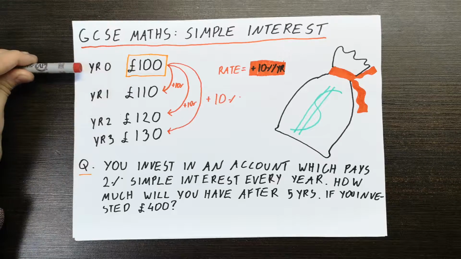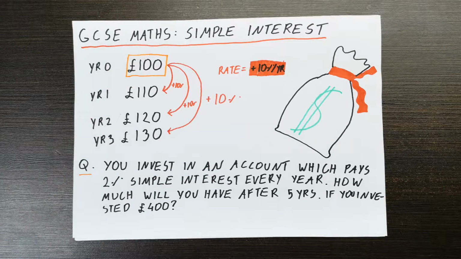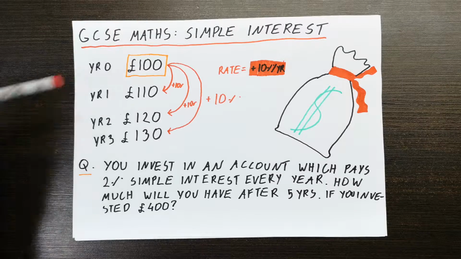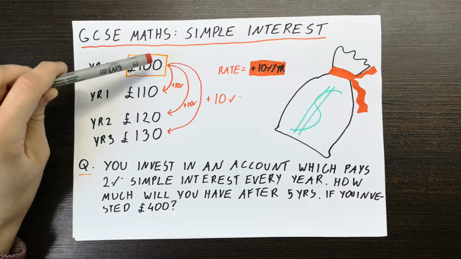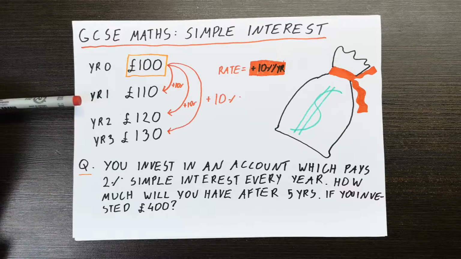At the beginning, in year 0, you invest £100. That's what you start with. Then, after year 1, you get 10% added onto that £100. 10% of £100 is 10. So 100 plus 10 is £110. And that's what you get after year 1.